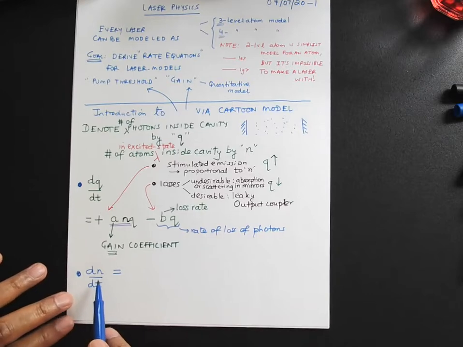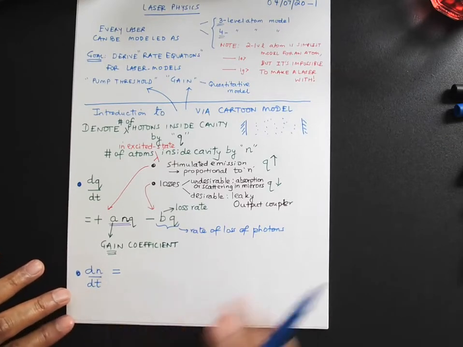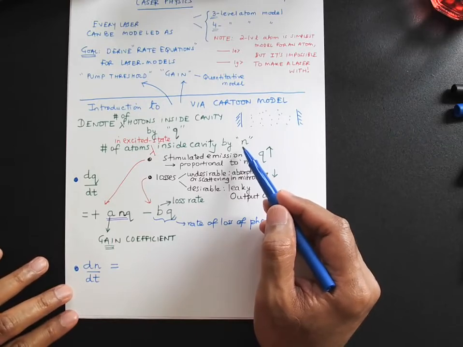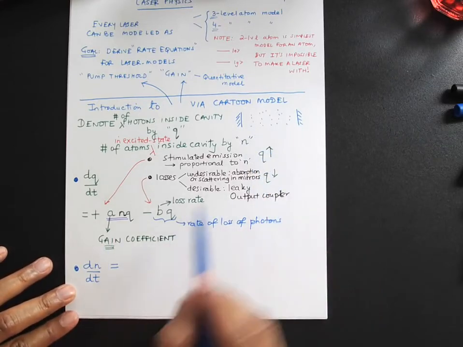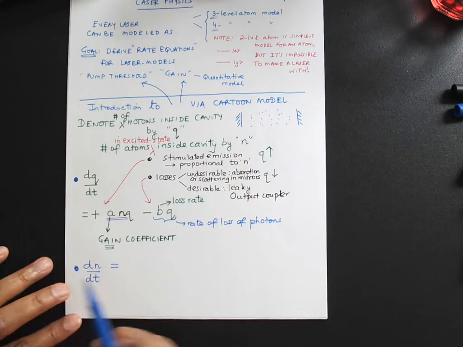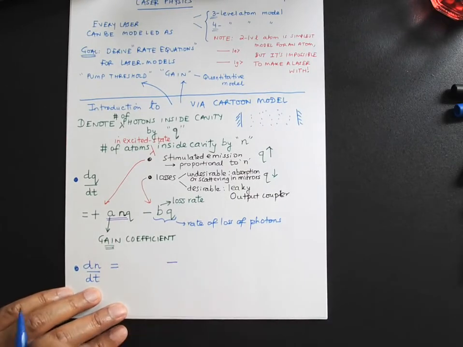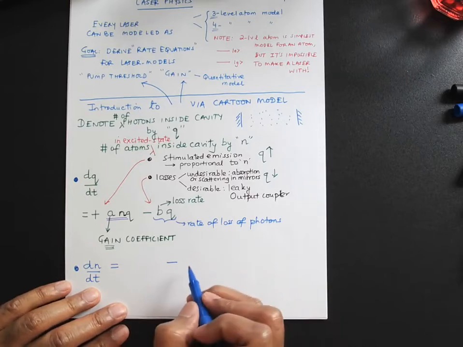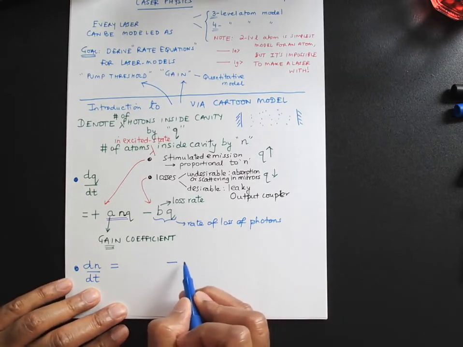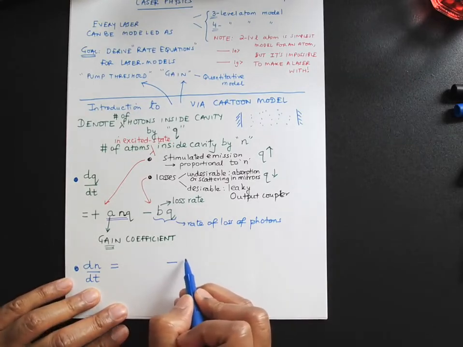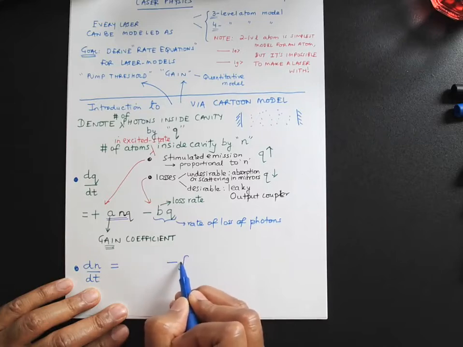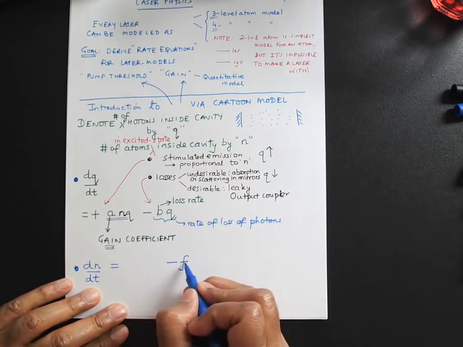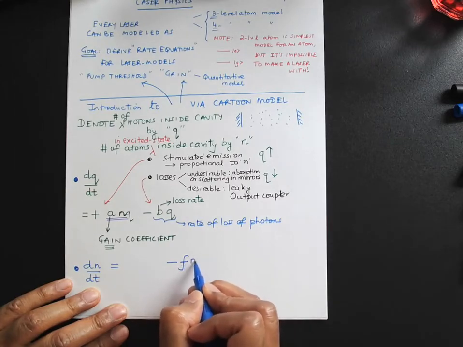Let's look at what causes, if you have some atoms in the excited state, what will cause a loss of the atoms in the excited state? Well, you can have spontaneous emission. So if the spontaneous emission rate is, let's denote it with an F, and then I need to multiply it by n.